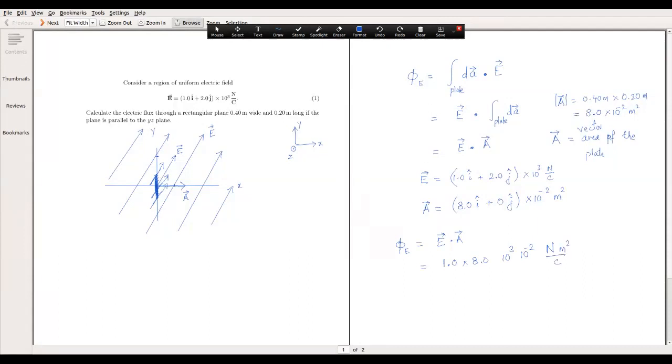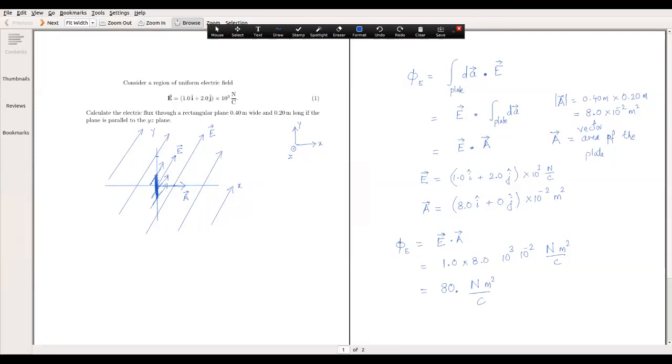The flux of the electric field does not have a standardized name for a unit, so we just have to write it in this form. So that's 8.0 into 10 raised to 1, so it's 80 with two sig digits, newton meter square over coulomb.